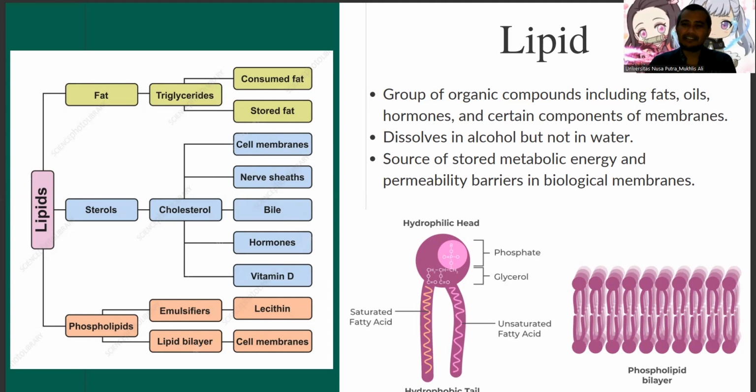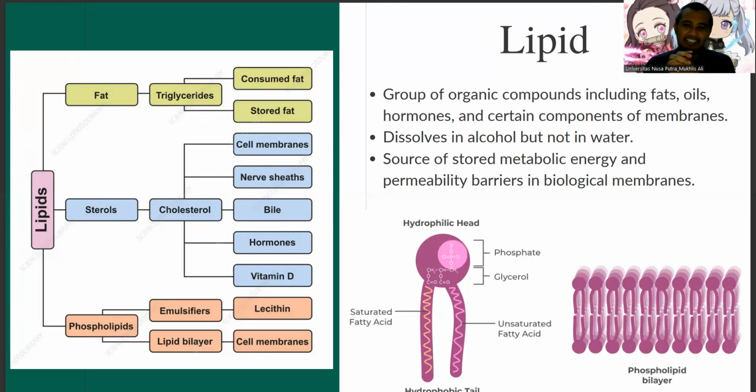But these organic compounds of lipid have a specific characteristic. It dissolves in alcohol but cannot dissolve in water.